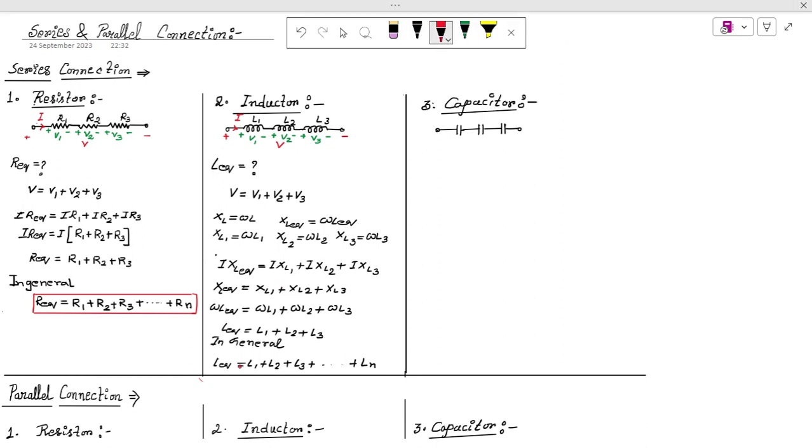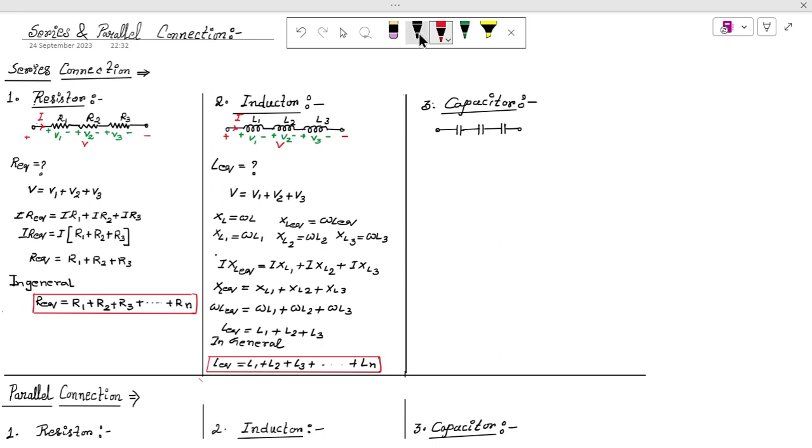Now put it in a red box. So that is important. Here, in case of resistor and inductor, you see the same formula. The formula is almost same. Okay.